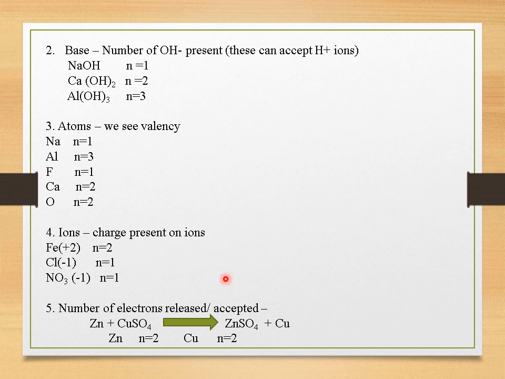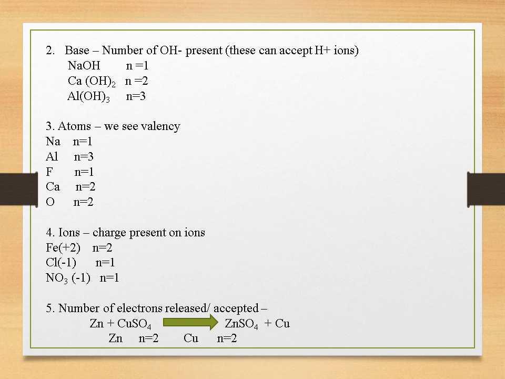It was plus 2 here, it is 0 here, so it has accepted 2 electrons. So copper accepts 2 electrons, and the N factor is 2 for this. Zinc gives away 2 electrons, and its N factor is equal to 2. So the number of electrons released or accepted by a particular species decides the value of N factor for it in an oxidation reduction reaction, or a redox reaction.